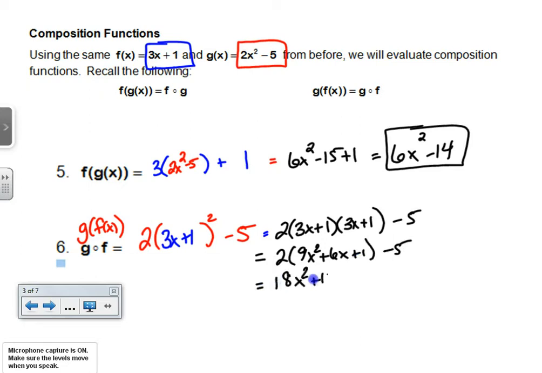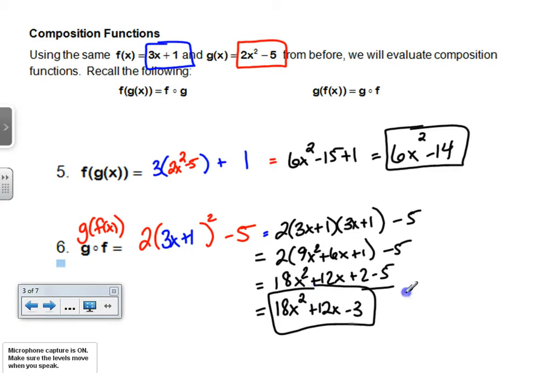Distribute the 2. And then still not done because now we have some like terms right here we need to combine. So 18x squared plus 12x minus 3. So that is my final answer. The domain, again, because it's a polynomial, is negative infinity to infinity.